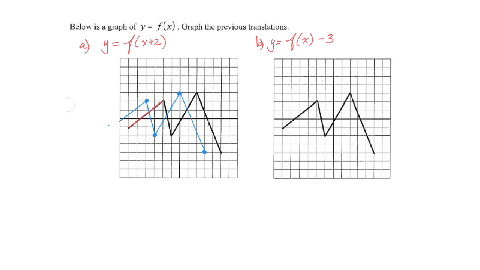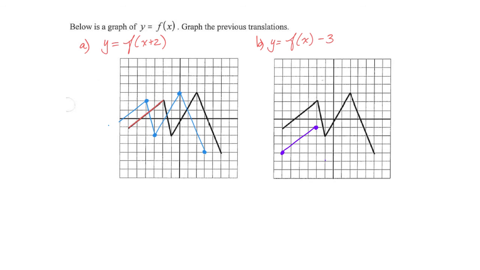So if there was anybody who had an issue on that blue graph, then I'm going to go through and produce a purple one for question B. Maybe what I do is I say, okay, I'm shifting down 3. My first key point gets shifted down. My next key point gets shifted down. And to avoid any confusion about how I connect these, I'm going to connect them as I go.